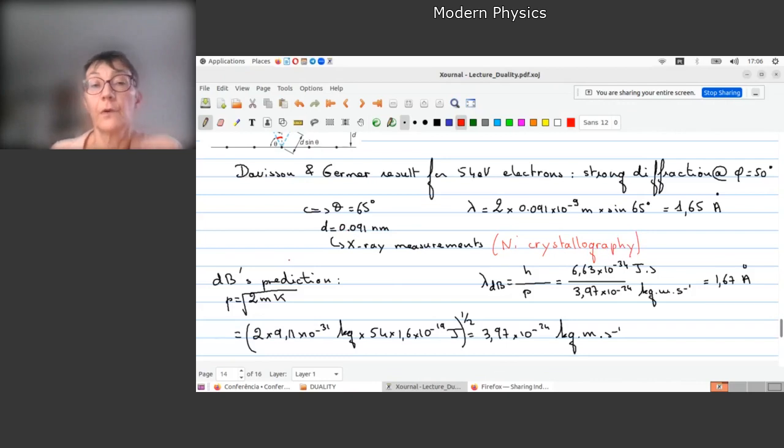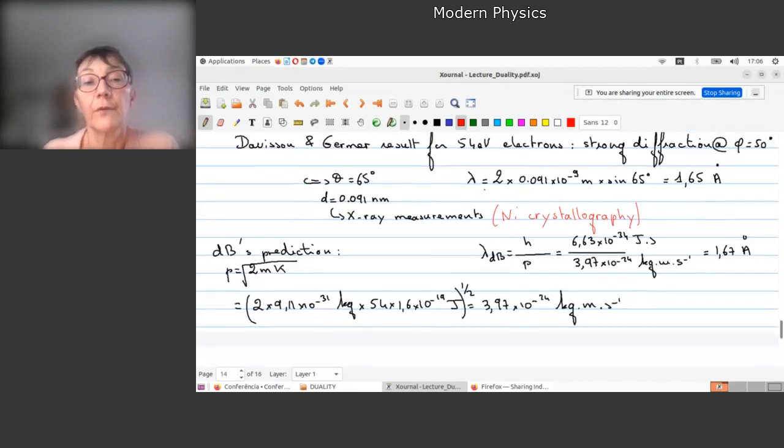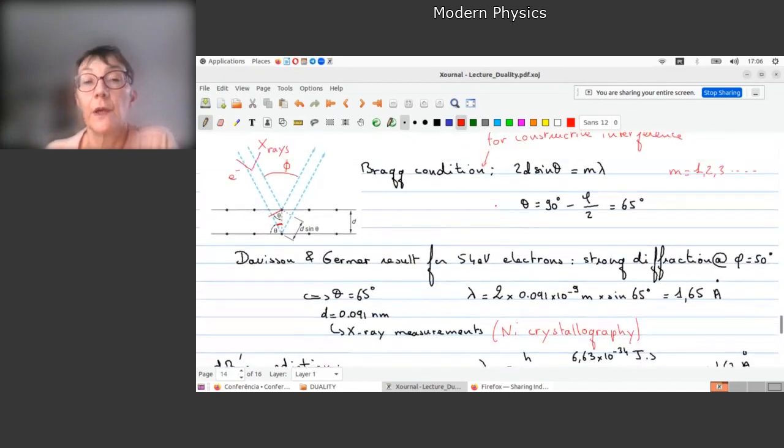So you apply here the Bragg condition. You have a strong maximum at this angle, which is 65 degrees. d is known. And so what is the wavelength corresponding to this one?